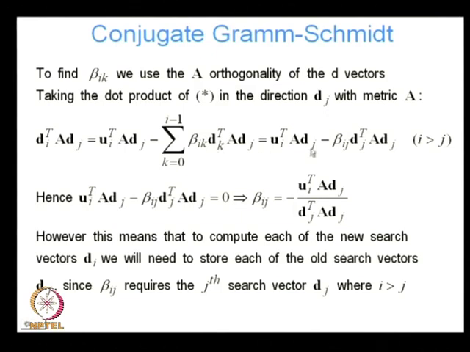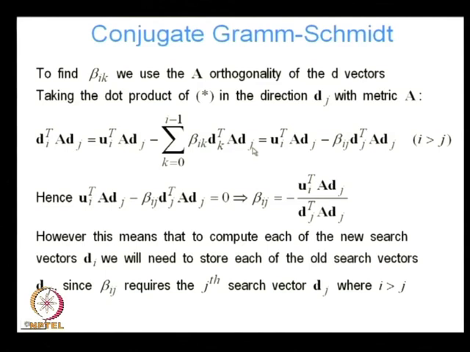So, this part remains the same, but in this part I use the A orthogonality of the direction vectors, and I end up only with dj transpose A dj, for i greater than j, right, because the summation here is up to k equal to i minus 1, right. So, all these terms are going to go to 0 for i greater than j, since they are all less than i.